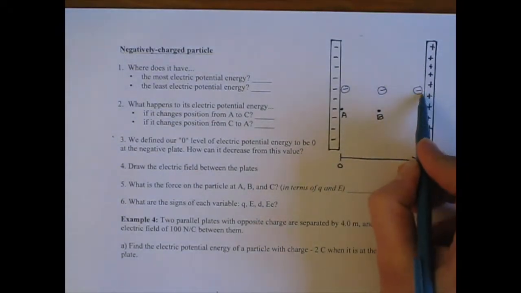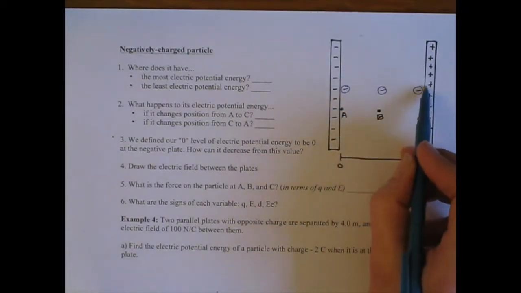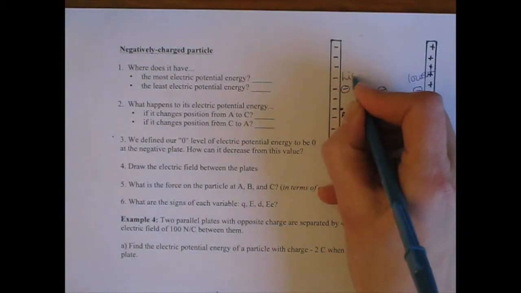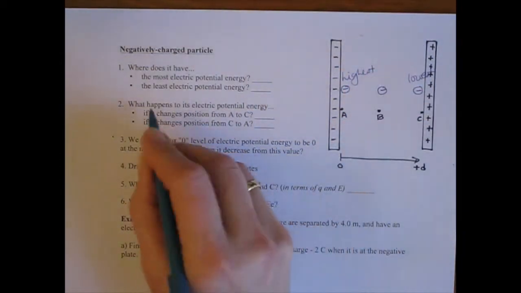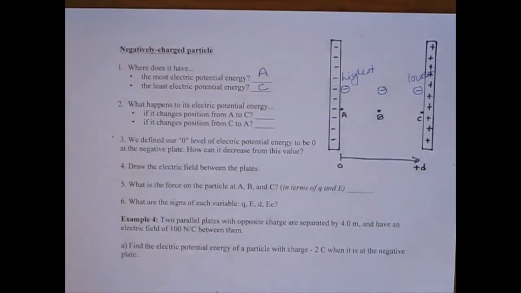Well, when it's close to the positive plate, it's not going to go anywhere. It's kind of done, like when you drop a ball and it lands on the ground. So this is going to be the lowest, and this is going to be the highest for the electric potential energy. So it has the most at A, and it has the least at C.